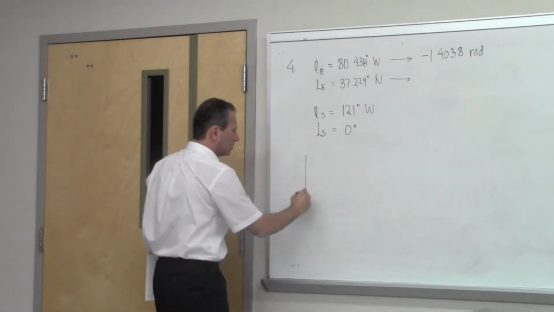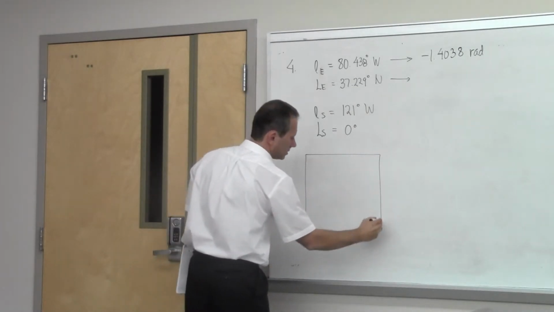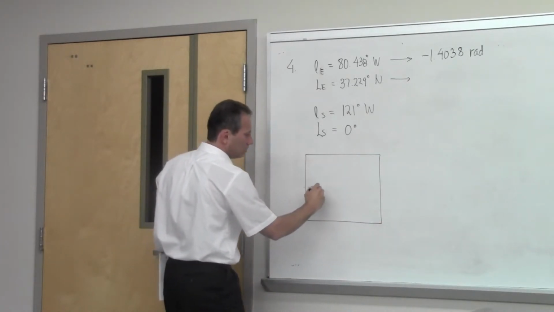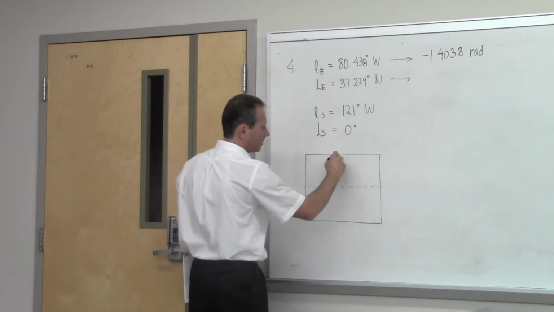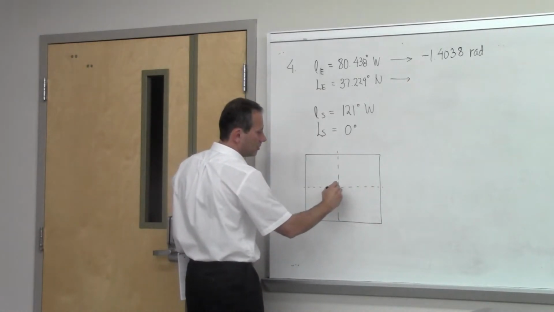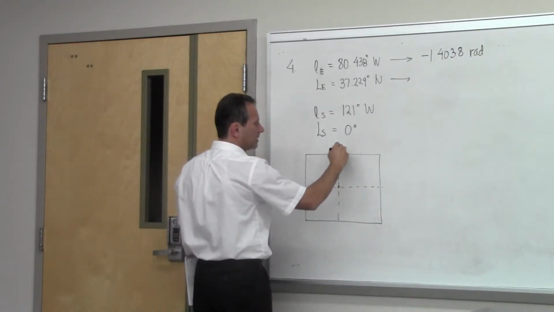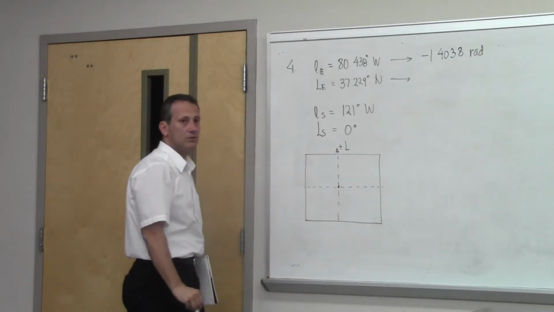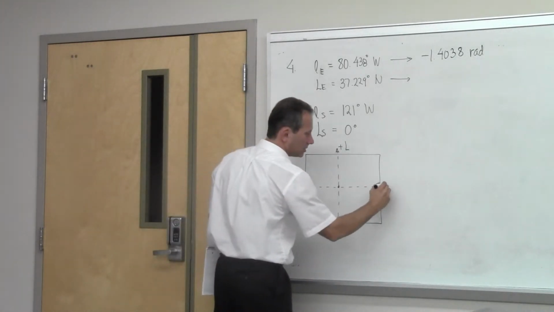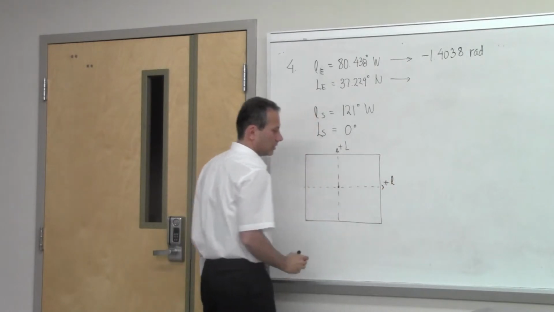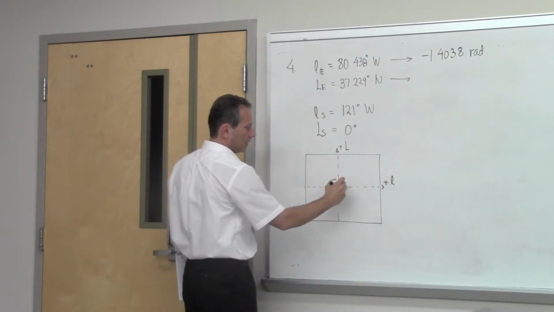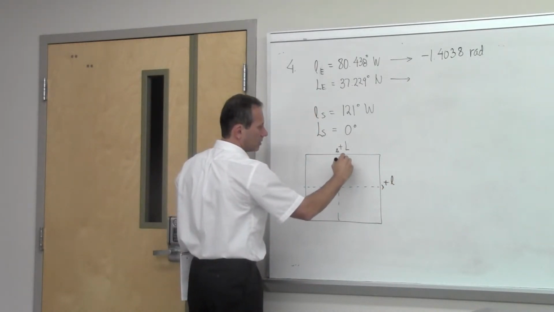So let me draw this again, because you guys need to know this to use that spreadsheet that we have properly. So this is the 0, 0 point. This is plus latitude, and this here is plus longitude, right? So this is also north.